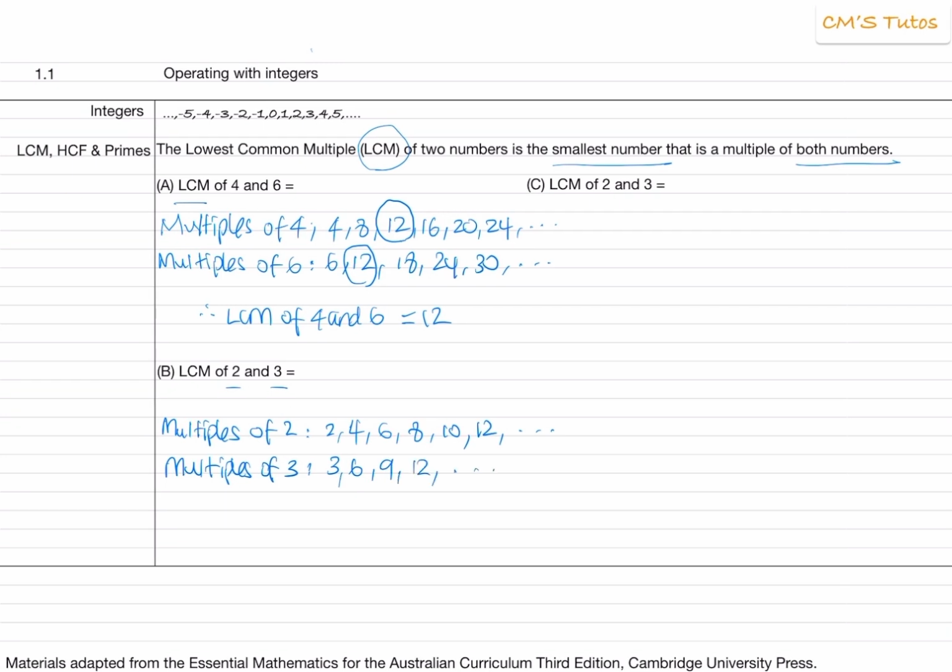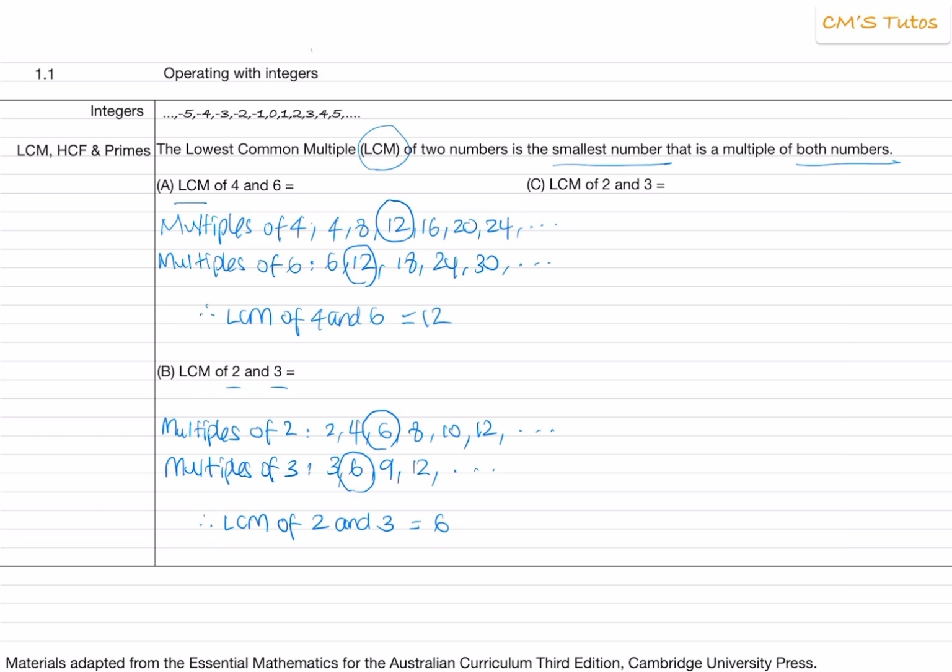The list goes on. When we look at it, we can see the smallest common multiple of 2 and 3 is 6. So therefore, the LCM of 2 and 3 equals 6. So this is the first way to solve the LCM problems.